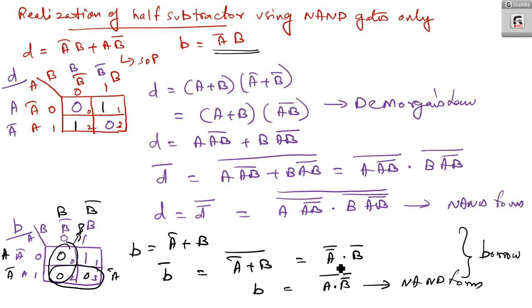That is A bar is A, so it is A dot B bar the whole bar. Here the problem is you need to get B bar out separately. If you need to get B bar out separately, that introduces an additional NAND gate into the circuit. So try to minimize the number of NAND gates.